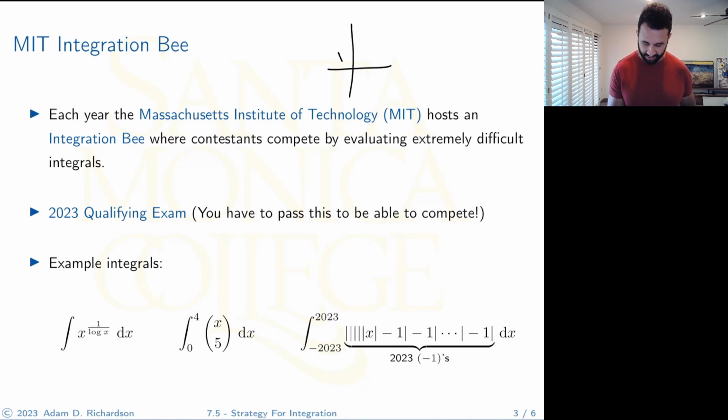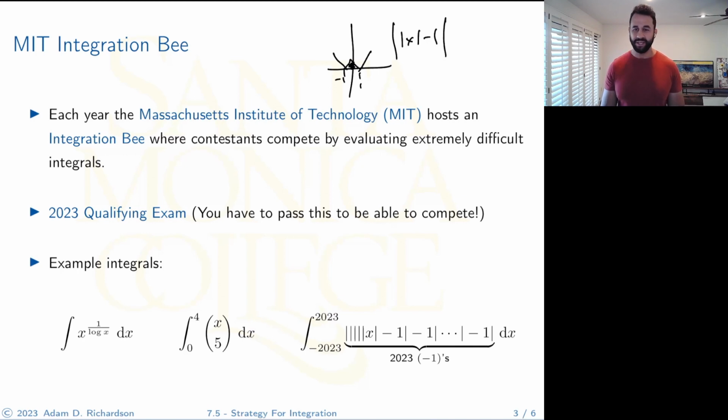But then if you shift it down by 1, it looks like that. But then if you take the absolute value of that, you get a little peak there. So it kind of looks like a W. So this is the graph of the absolute value of x minus 1 in absolute value. That's that graph. And the area of this is just 1. And the bounds here, this is negative 1 to 1.